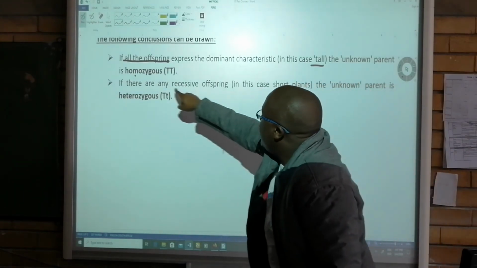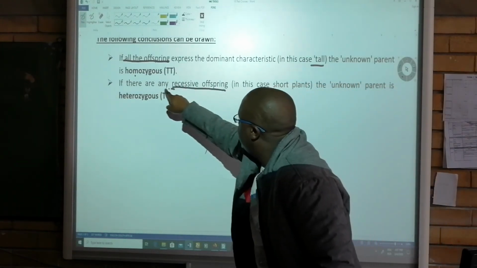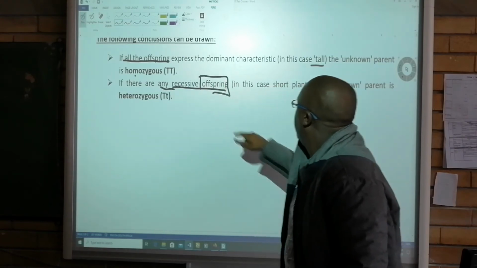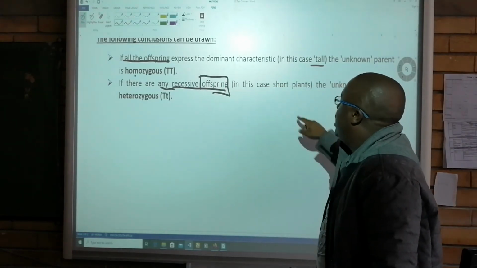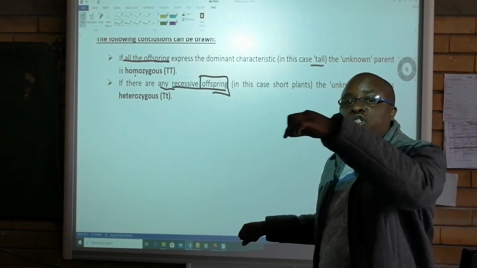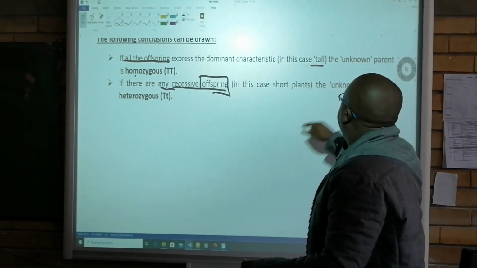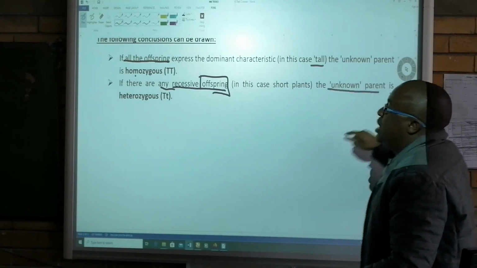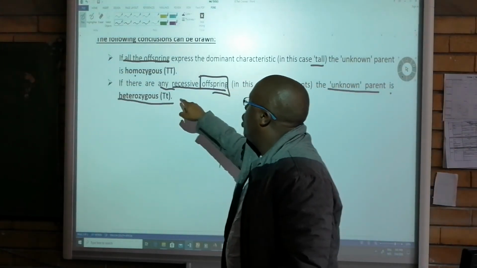And if there are any recessive offspring, in this case the short pea plant, so in other words, having offspring that are short in height, then it can only mean that the unknown parent is heterozygous.